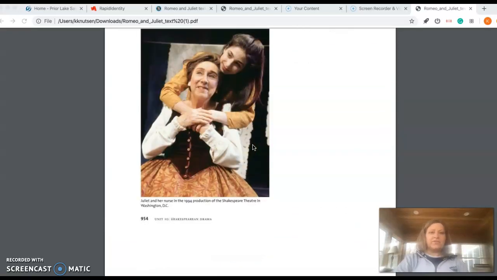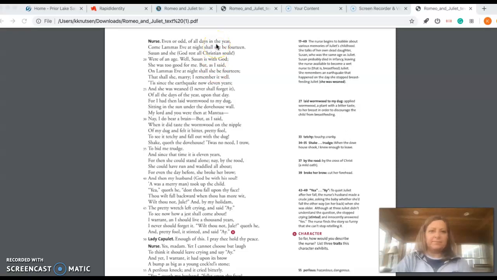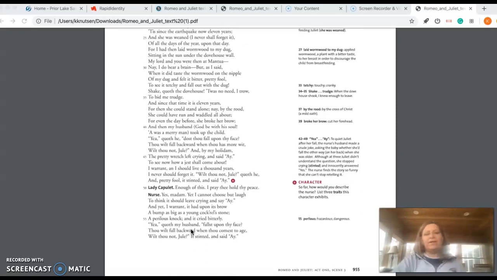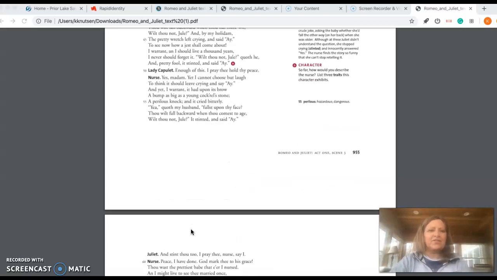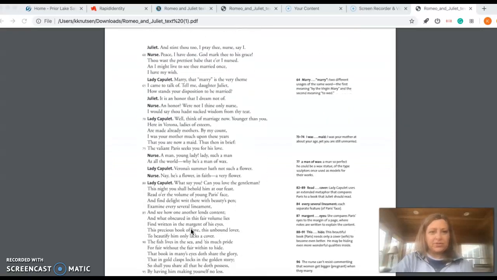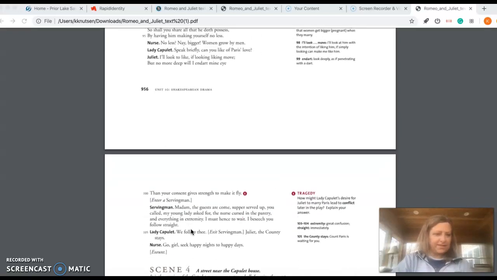The nurse is going to go into this big, long monologue about Juliet as a child, and you might not understand all of what's being said, but she's talking about something that happened when Juliet fell and broke her brow, and all of this. But it really just establishes that the nurse and Juliet are the ones that are close. And then Lady Capulet asks about Juliet getting married to Paris. And you'll find out what Juliet thinks about that.